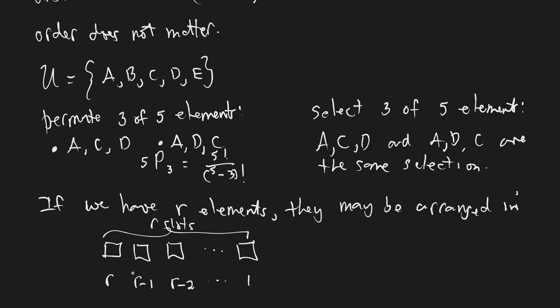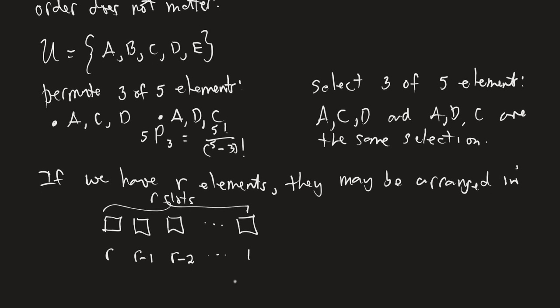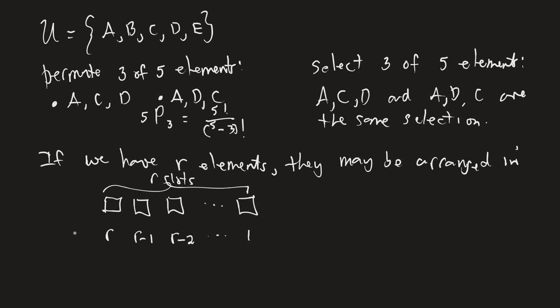The multiplication technique tells us that we need to multiply R times R minus 1 times R minus 2 all the way down to 1. So if we have R elements, they may be arranged in R times R minus 1 times R minus 2 times dot dot dot times 1, and that's just the definition of R factorial. So R factorial ways.